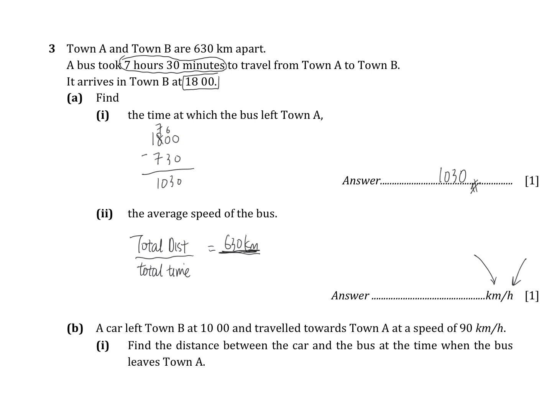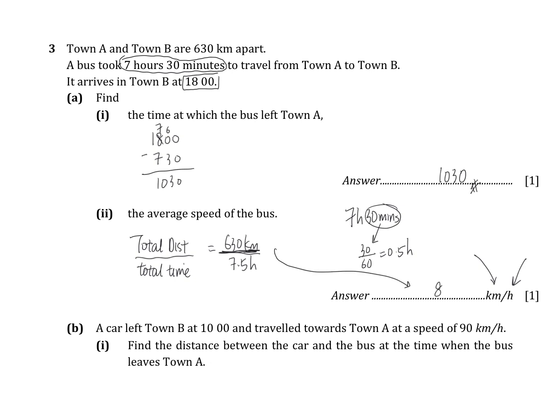So kilometers, and they want your time to be in hours. So 7 hours, 30 minutes. 30 minutes is how many hours? 0.5, because you divide by 60. So actually it's 7.5 hours.